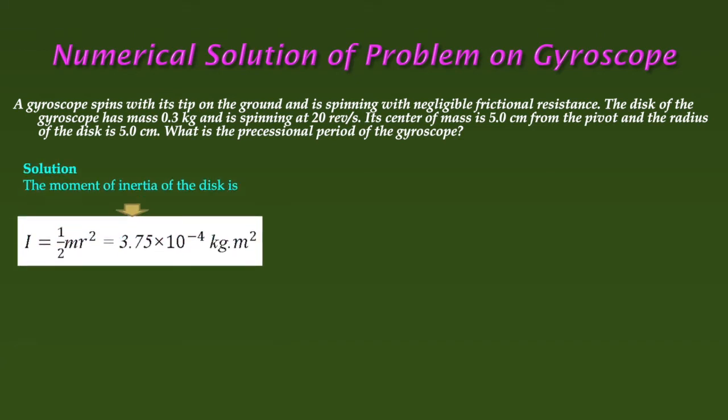As the mass and the radius of the gyroscopic rotor are given, and it is the shape of a disc, the mass moment of inertia of a disc is half m r square. We have proved this in kinetics of a rigid body, so we are calculating this.